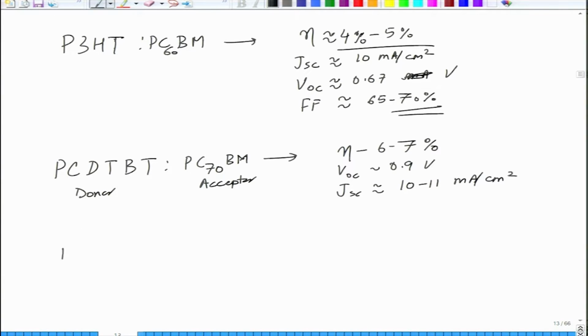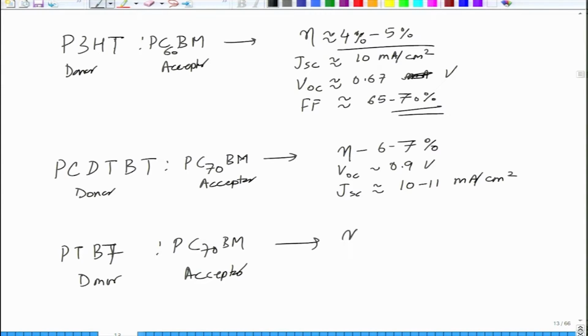We have another material which is a recent material, PTB7. PTB7 based devices are again with PC70BM. This is a donor, this is an acceptor. Here also P3HT is a donor and this is an acceptor.